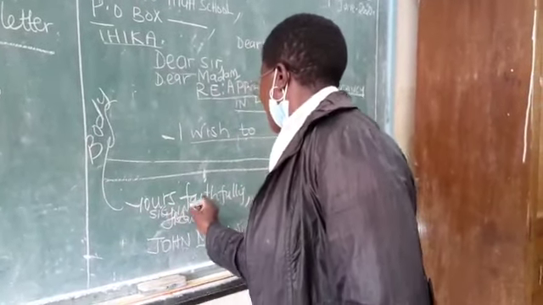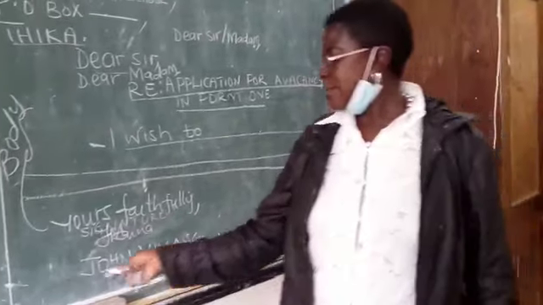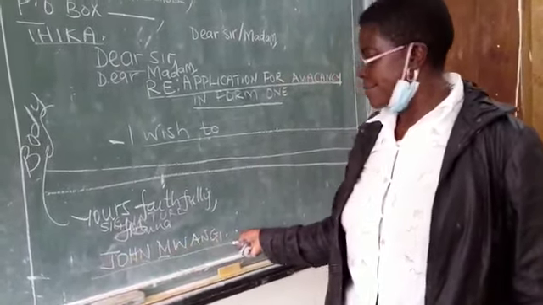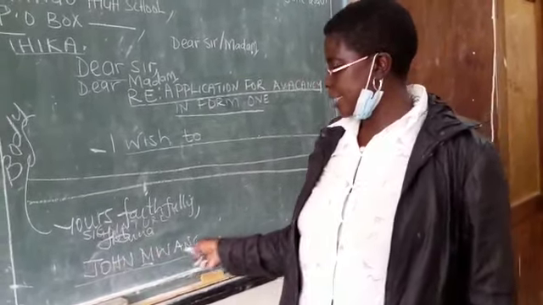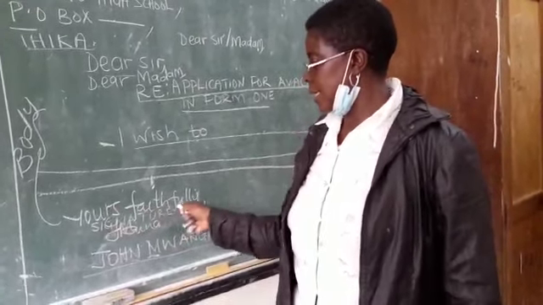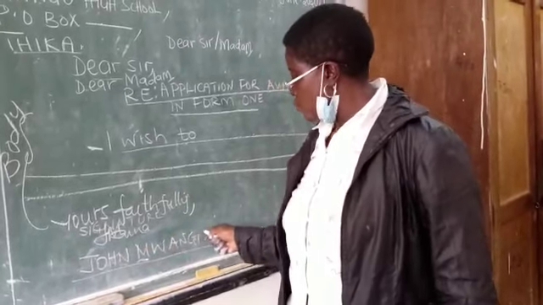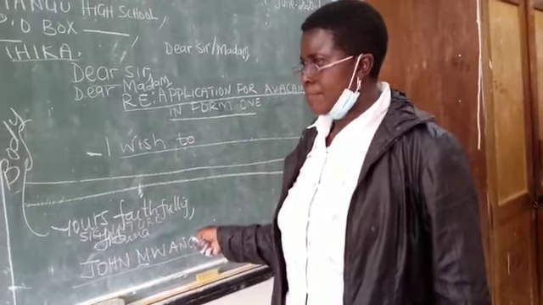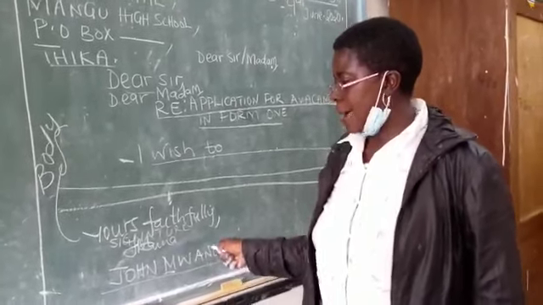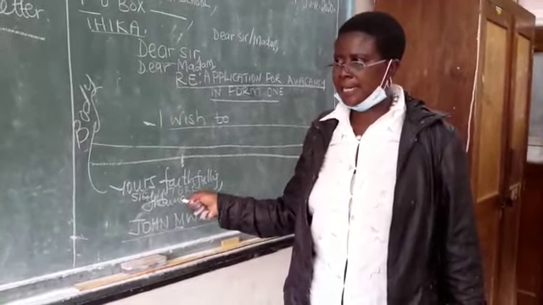The signature comes first. You sign, then you write your full name. In our case, it's John Mwangi who is writing. So yours faithfully, the signature, and then the name John Mwangi. Remember, the writer of the letter must sign that letter in person.